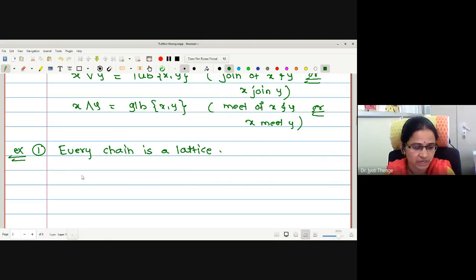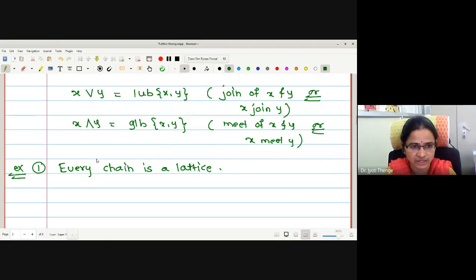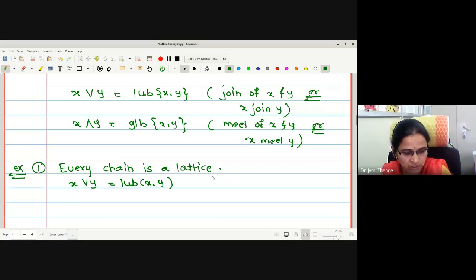Then what will be the relation x join y and x meet y? x join y is the least upper bound of x and y. If I call this relation x precedes y, then what is the least upper bound between x and y?